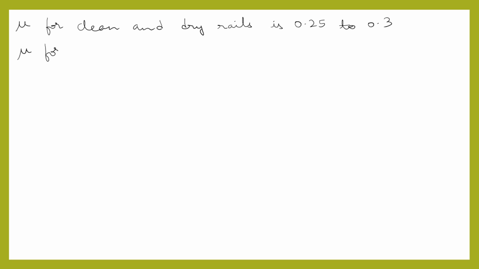For wet and greasy rails, the value of mu is between 0.15 to 0.2.